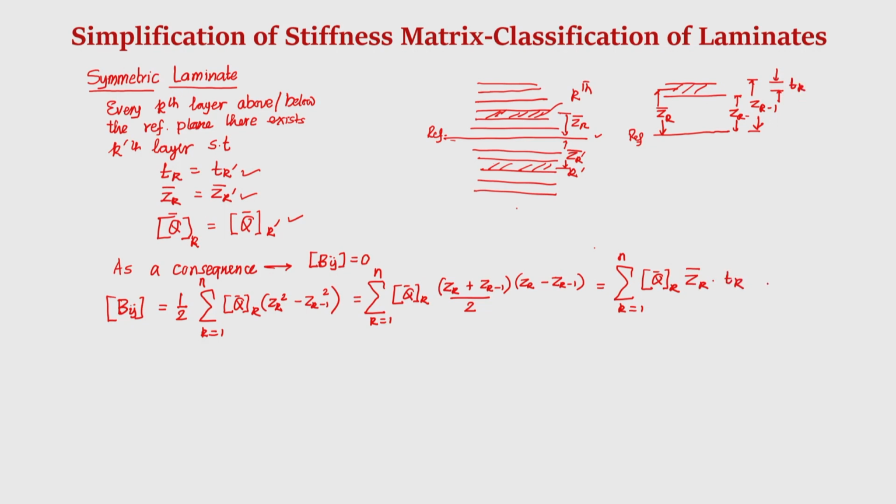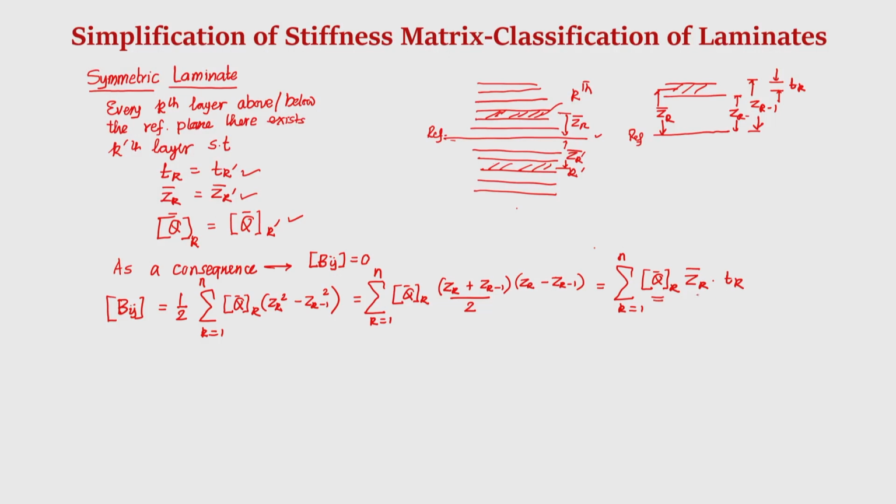Okay. Now, for every k there is a k prime for which this q bar k and T k are the same, okay, and z k bar is equal to minus z k prime bar.